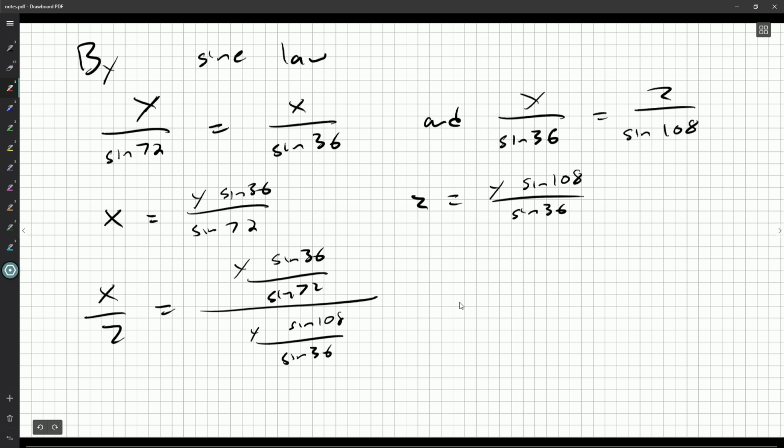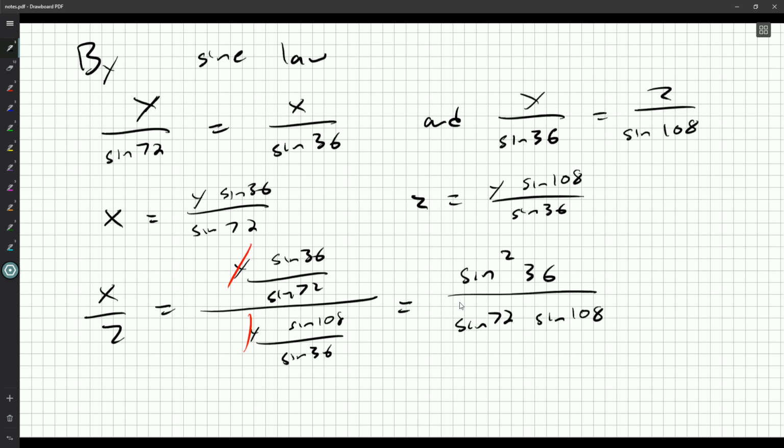The y's will cancel out. And then we sort of invert and multiply, and we'll get two sine 36s up top, a sine 72, and a sine 108. Okay.